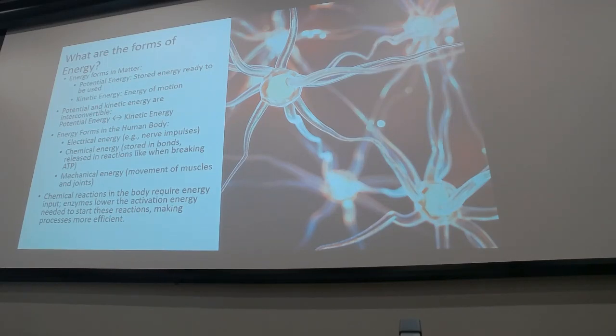Then we have chemical energy, which is basically storing bonds or releasing reactions, like when you break ATP, adenosine triphosphate. And then mechanical energy is the movement of muscles and joints.